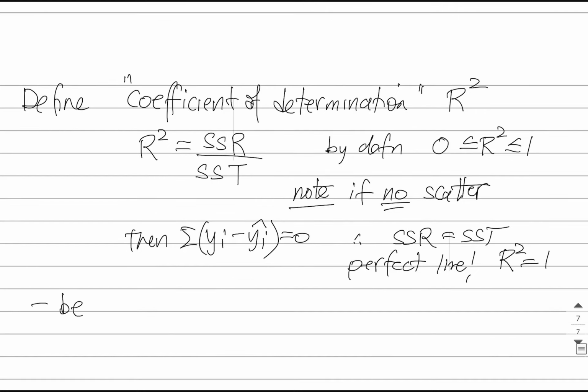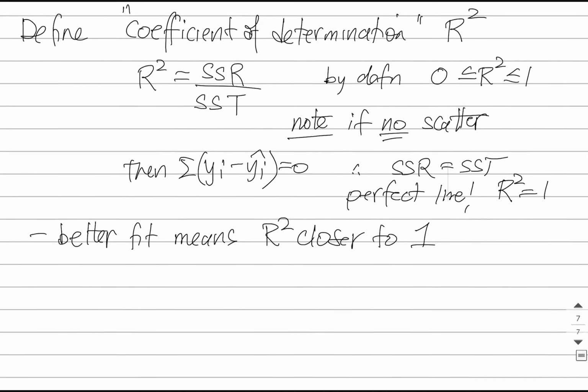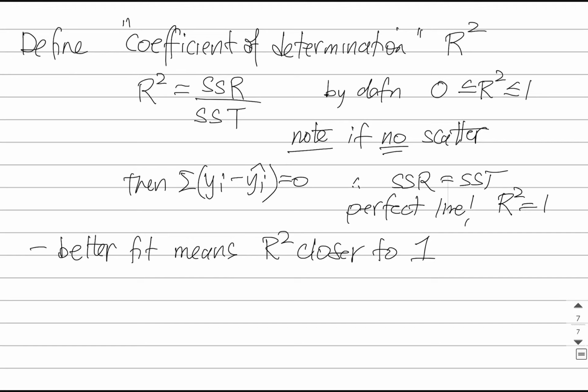So a better fit means that this R squared is closer to 1. A worse fit means that the R squared is closer to 0. Now, just some notation: the capital R squared is the definition. We use little r squared for the observed value that comes from the data.